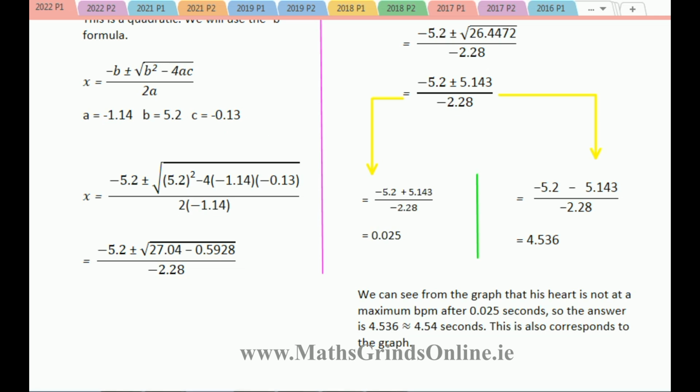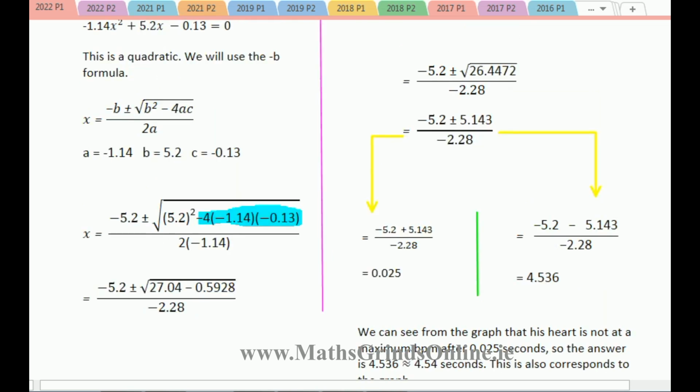And the rest of this question is just calculator work. I always tell people to start in here, do that part first, and then you're talking 5.2 squared minus that number or plus that number, whatever the case may be. This is all just calculator work.